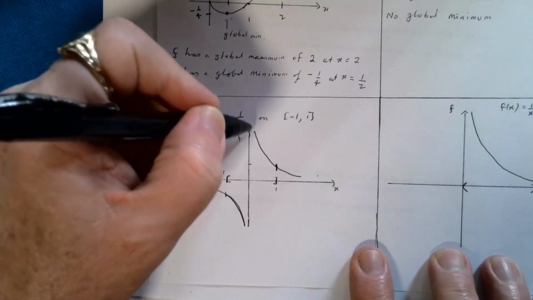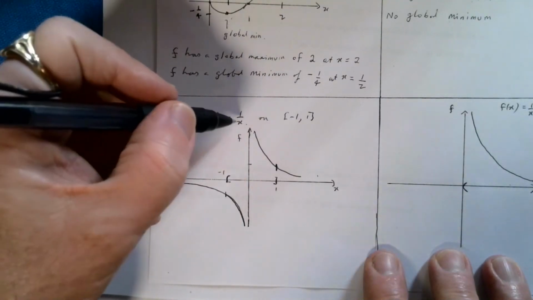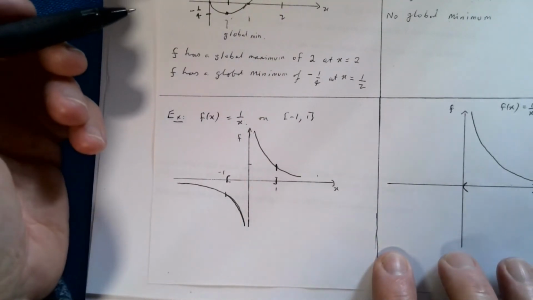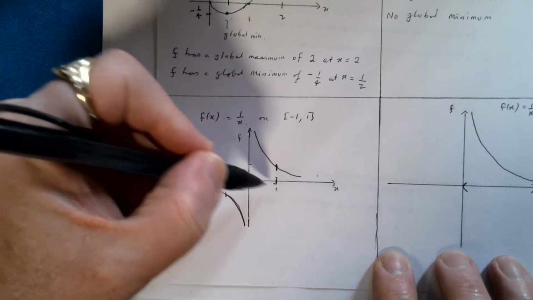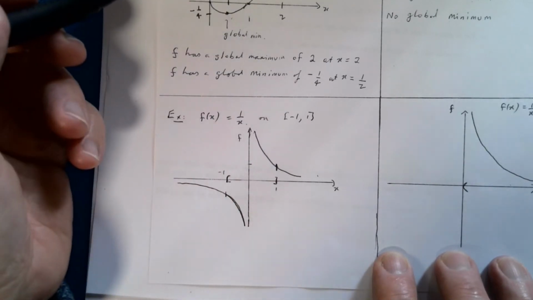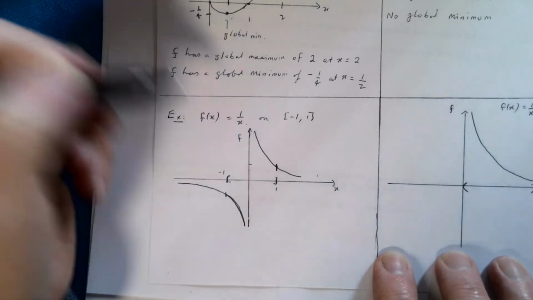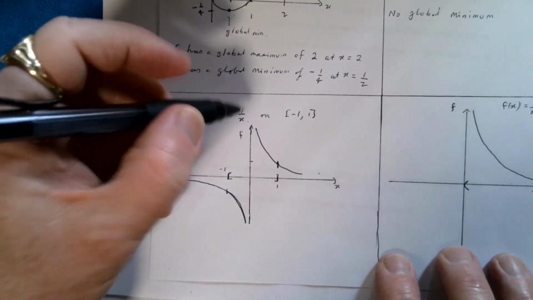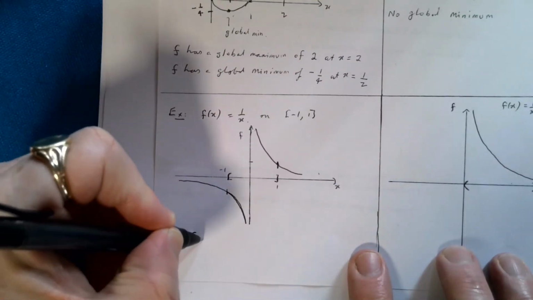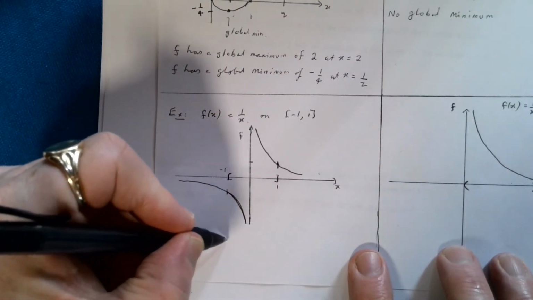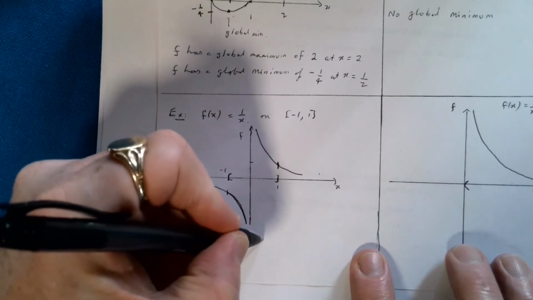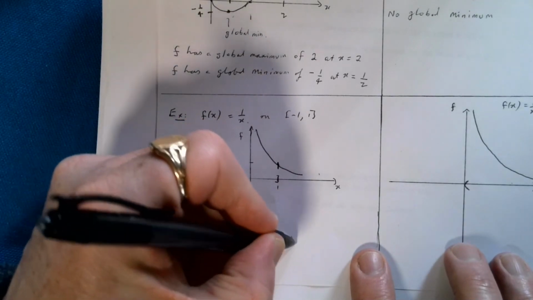So on the interval minus 1 to 1, there's the graph, and you can see, of course, something terrible is happening at 0. As you go towards 0 from the positive side, this is zipping up to plus infinity, and as you go to 0 from the negative side, it's zipping down to minus infinity. So this function f is not continuous on the interval minus 1, 1.